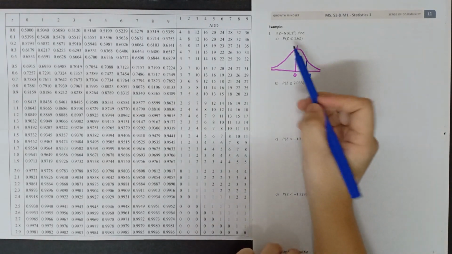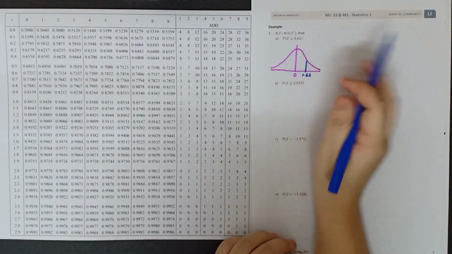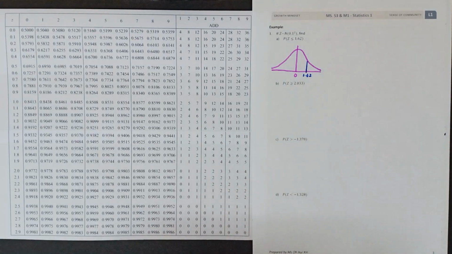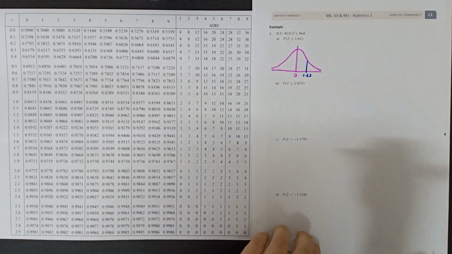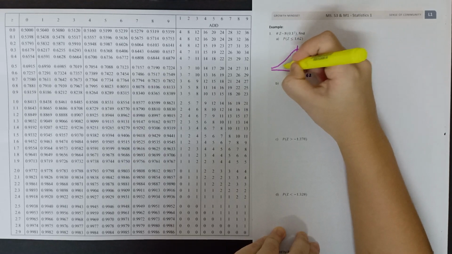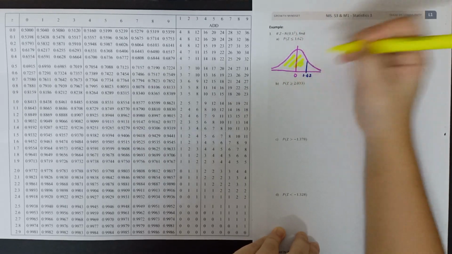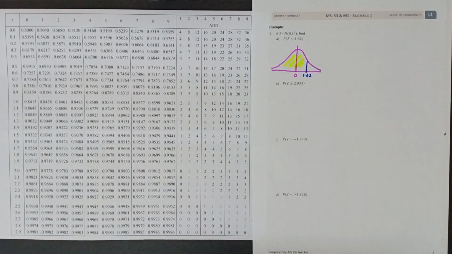Okay, then after that, this is z smaller than 1.62, meaning what is the probability for your random variable that is smaller or equal to 1.62. So I'm going to shade my area, it's going to be the area here. Okay, so this is the area that I will need to find now. You remember just now when we did the phi, right? What does that mean? It actually means everything smaller than.